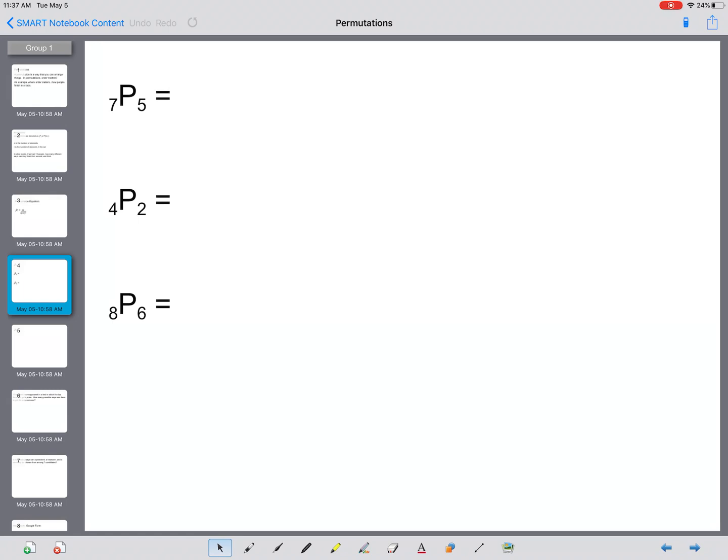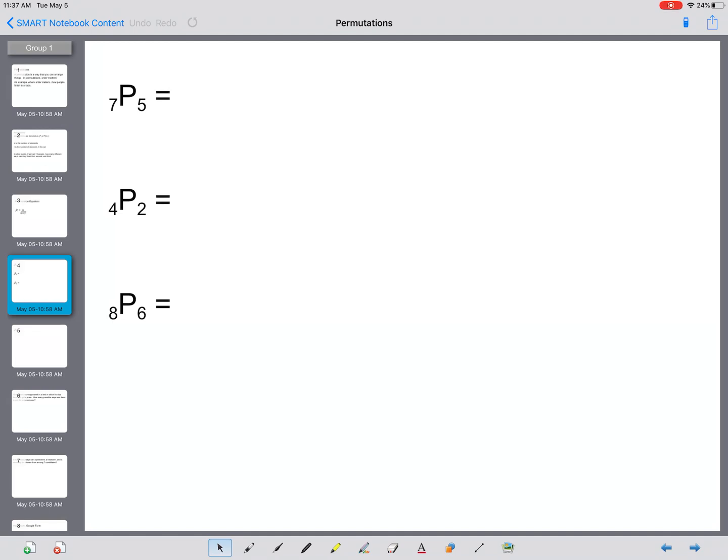So we've got 7 permutations 5. I want to know how many different ways there are to have 5 people finish a race if 7 people started it.